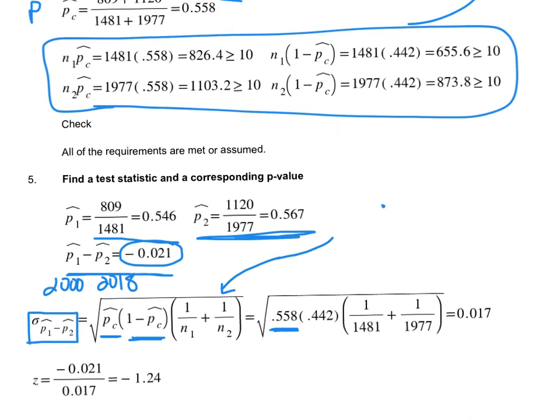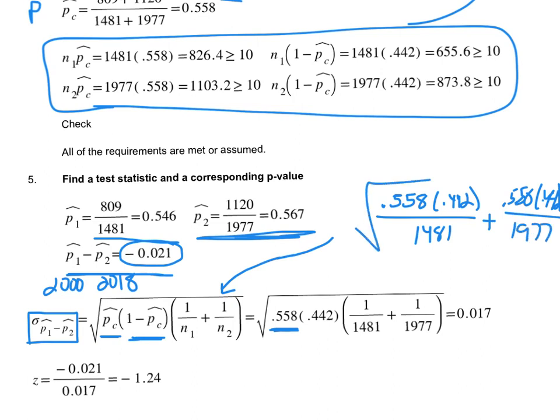So we could have written this as the square root of 0.558 times 0.442 over 1481 plus 0.558 times 0.442, pardon the bad writing, over 1977. This just factors out the 0.558 times 0.442, since that is common to both of those terms. That leaves a 1 in both numerators, and so it would turn into this. Same thing algebraically.